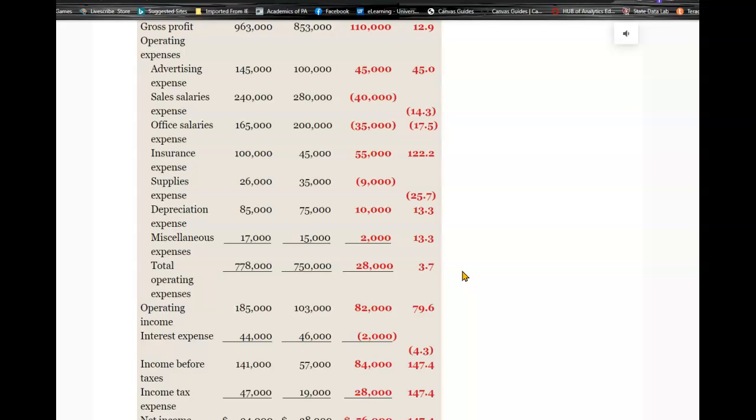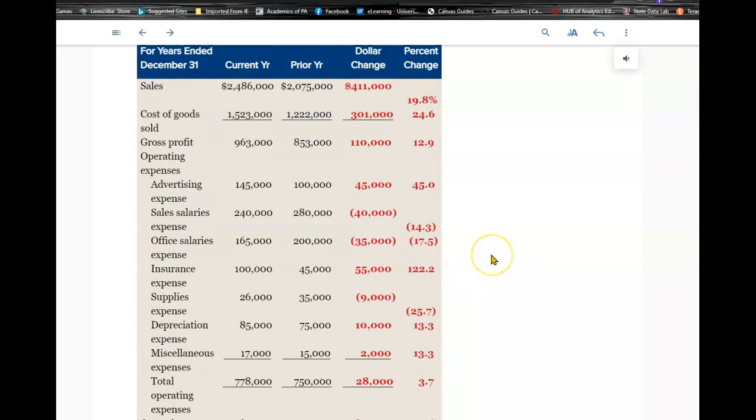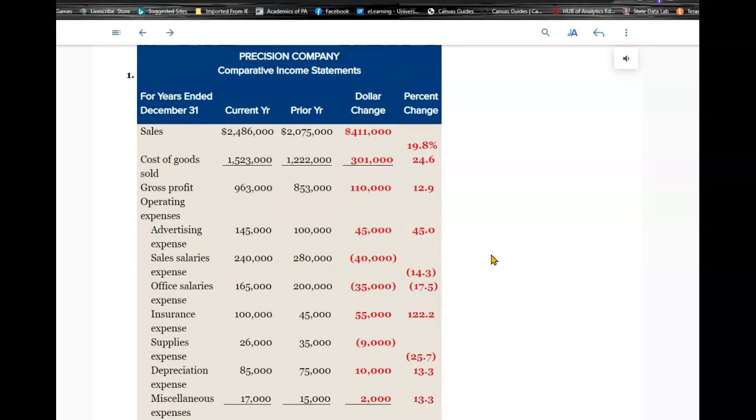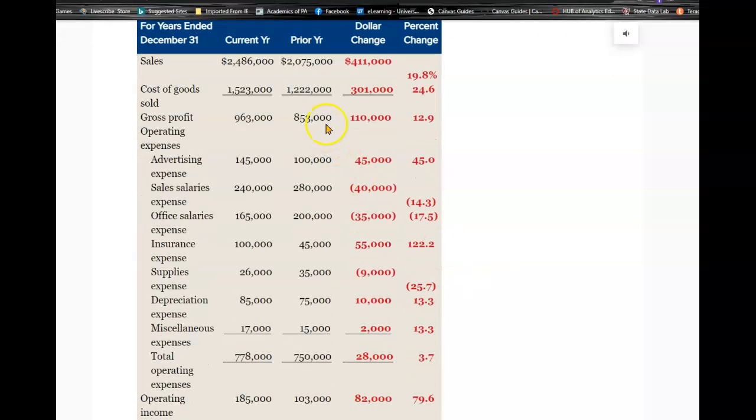And so your operating income has changed significantly. It went from $103,000 in the prior year to $185,000 in the current year, which is an increase of 79.6%. So it's a pretty significant amount that you're seeing an increase. And you can look at it by just saying, okay, we're looking at these differences here and looking at the change in the gross operating profit.